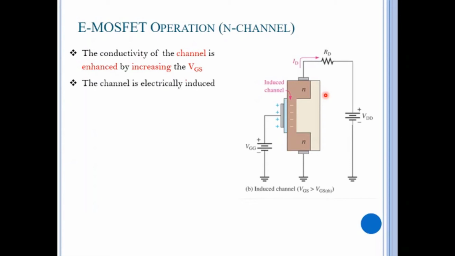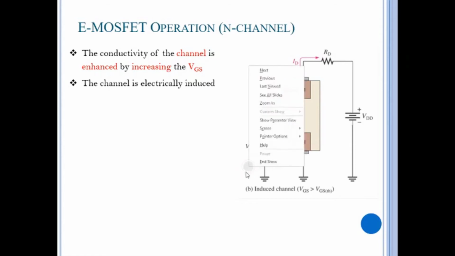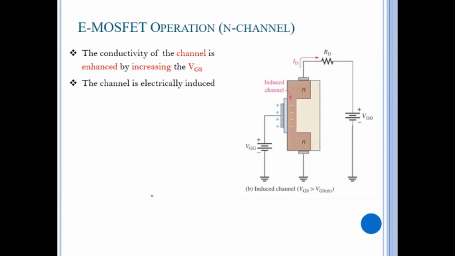So the conductivity of the channel is enhanced by increasing the VGS. We start from zero VGS. At zero VGS, if we draw the graph of ID versus VDS, VDS is the application of voltage between drain and source.